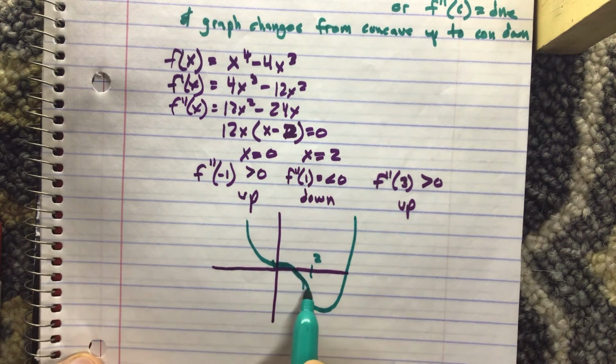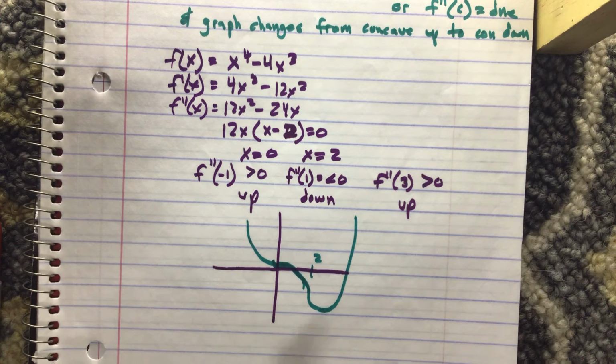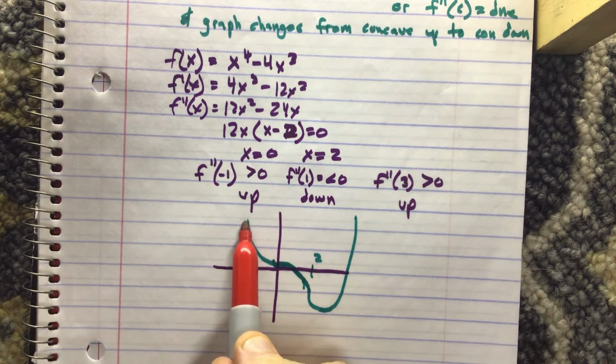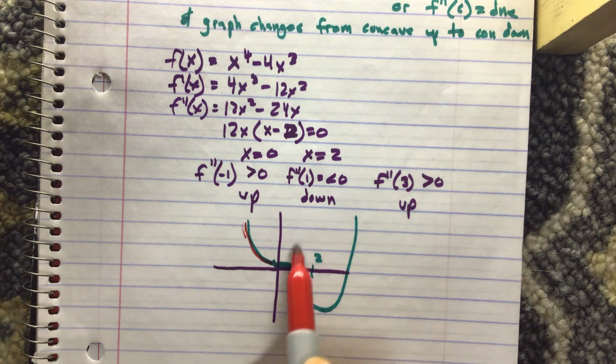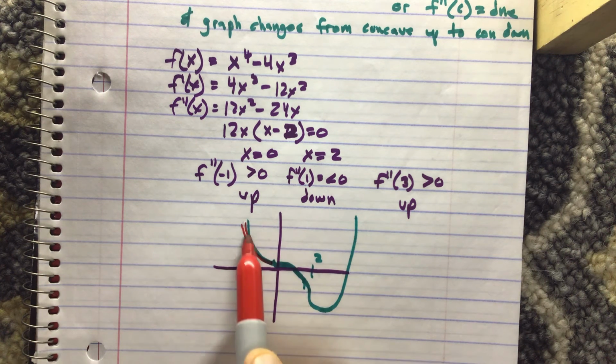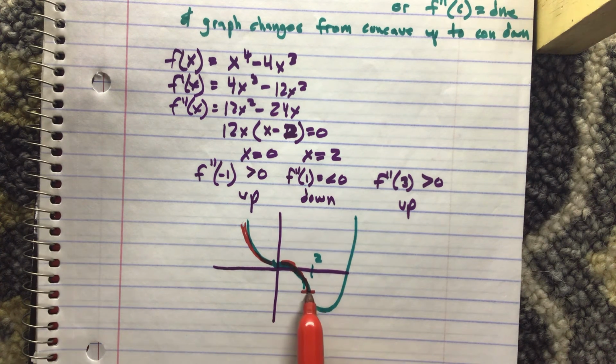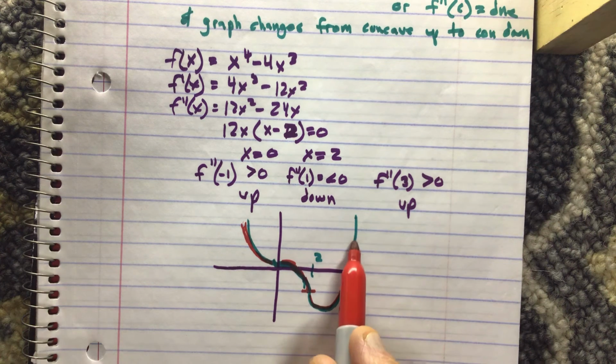Didn't draw that well, but that's what's happening there. And you can see here is concave upward. It doesn't continue to go upward, but it's still at this point concave upward, which means the slope is increasing until it gets to 0. Then it's concave down right here. So we have an inflection point here, an inflection point here, and then suddenly it's concave up again, and it continues that way.